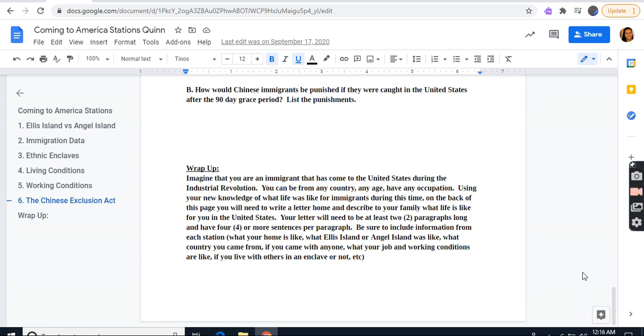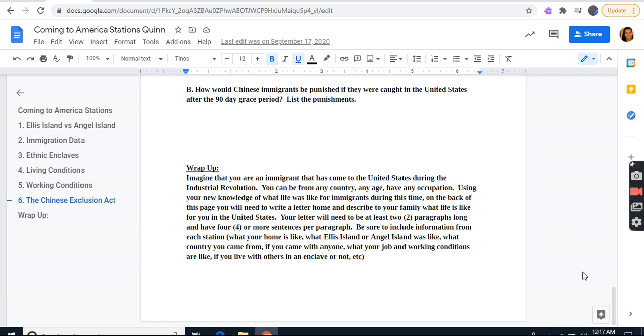Wrap up. Imagine that you are an immigrant that has come to the United States during the Industrial Revolution. You can be from any country, any age, have any occupation, using your new knowledge of what life is like for immigrants during this time. On the back of this page, you'll need to write a letter home and describe to your family what life is like for you in the United States.